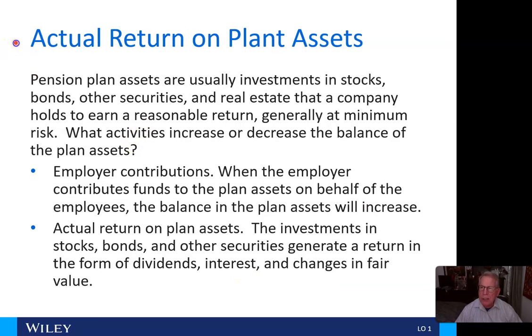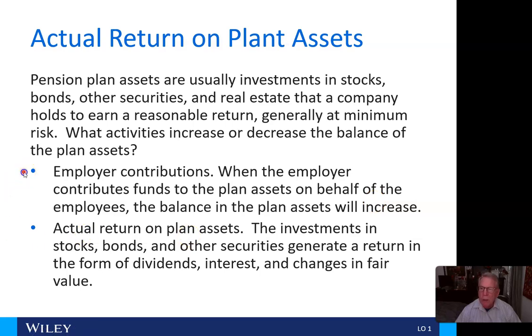All right, the next component is the actual return on plan assets. Pension plan assets are usually investments in stocks, bonds, and other securities and real estate that a company holds to earn a reasonable return, generally at minimum risk. So, what activities increase or decrease the balance of plan assets?